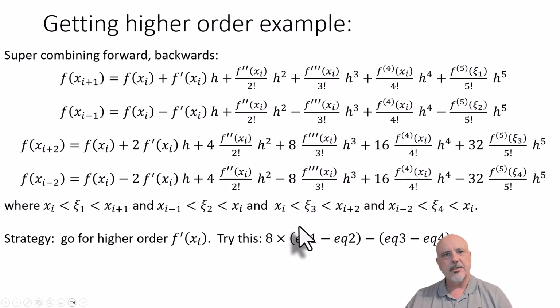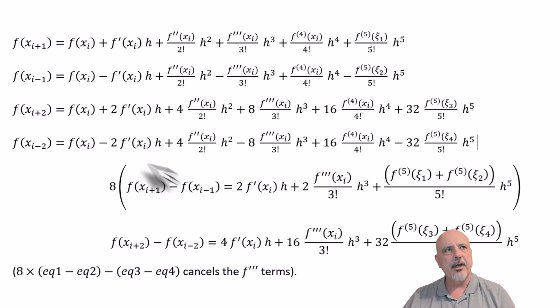And that's what happens. I'm going to walk you through that right now. So it's a little bit of strategy. I restated those 4 equations. Then I did 8 times the first one minus the second one, so I have that on the left side. What I have left here is f prime plus f prime, or 2f prime.